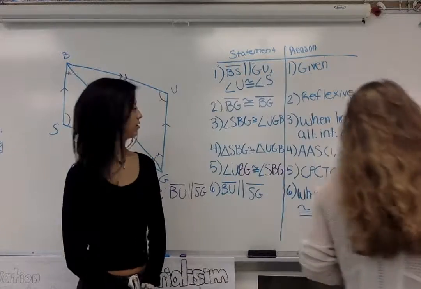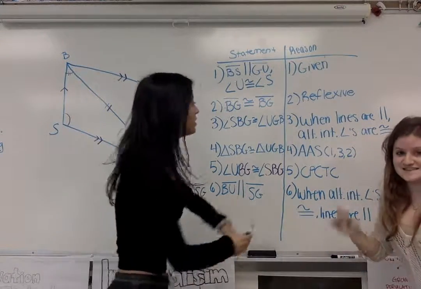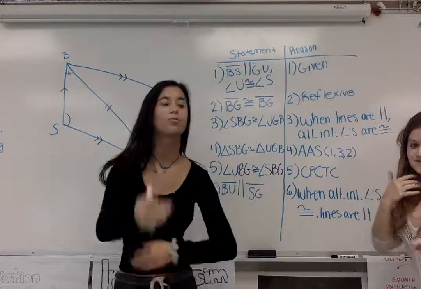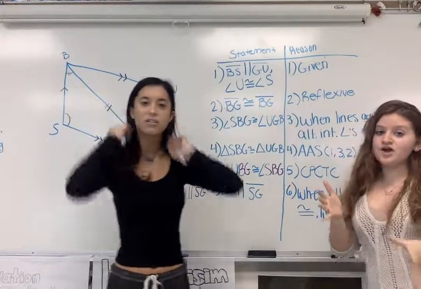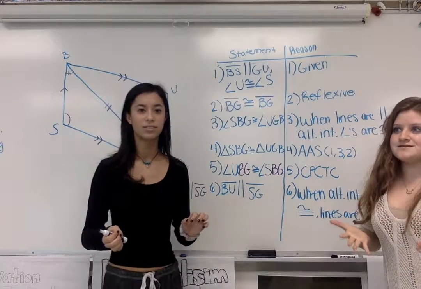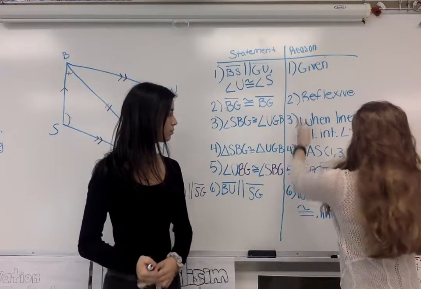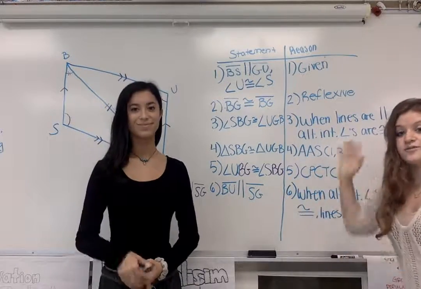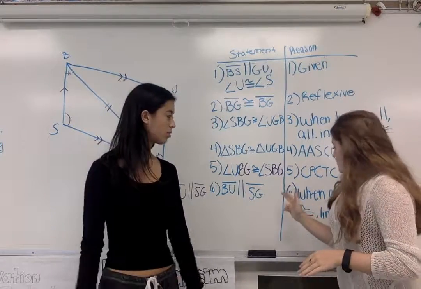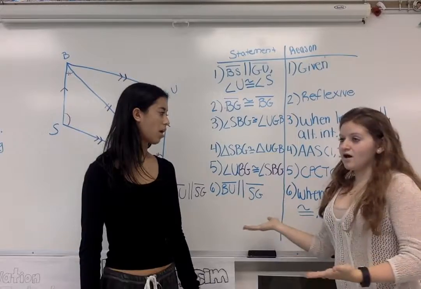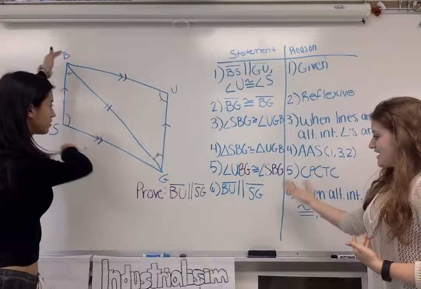These two are totally different statements. These two are proving each other. They're basically switching, but they're different because you start off with one piece of information and you come out with the other for both of them, and they're opposite situations. So now we know that line segment BU is parallel to line segment SG.